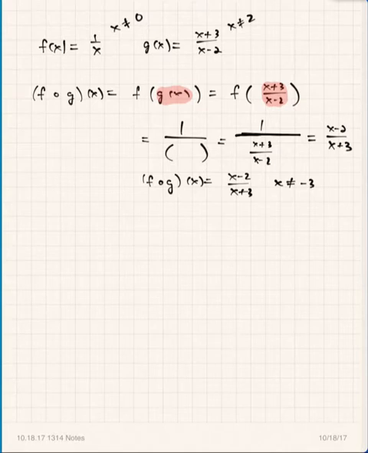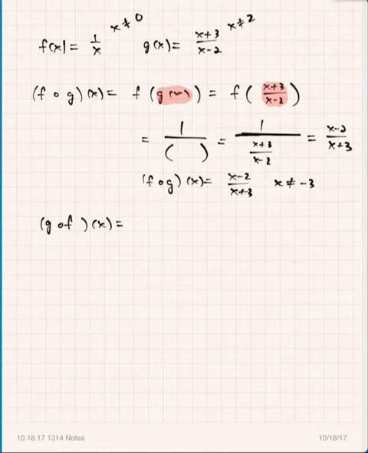There's other restrictions for f circle g as well that carry over. But we're just not going to get too involved in the restriction stuff here, any more than what I just did right there, because it starts getting really complicated to look at the restrictions on these composition functions, especially when you've got rational functions here. And right now, the main thing is I want you just to be able to get through composing two functions.